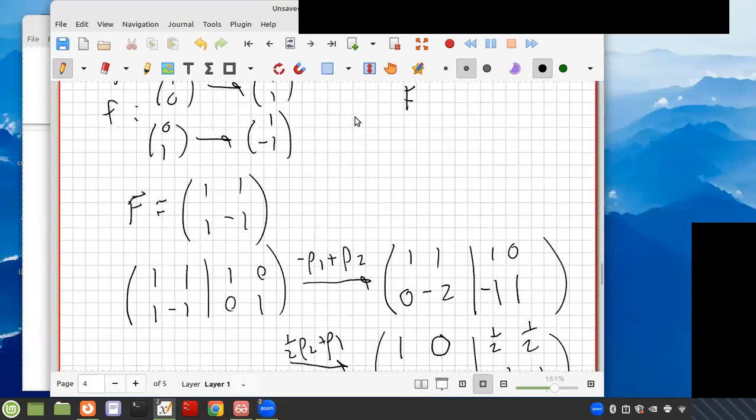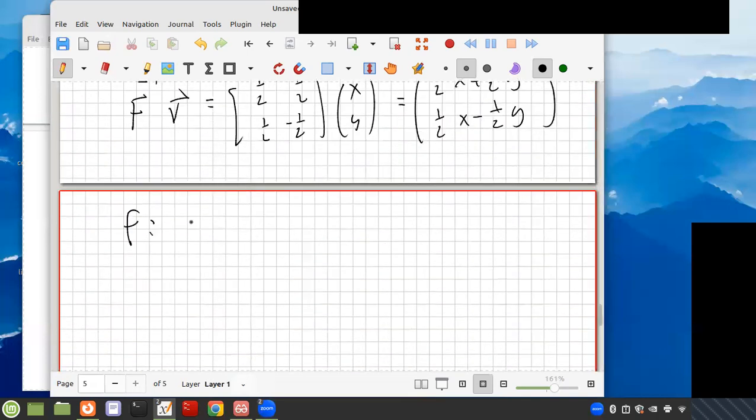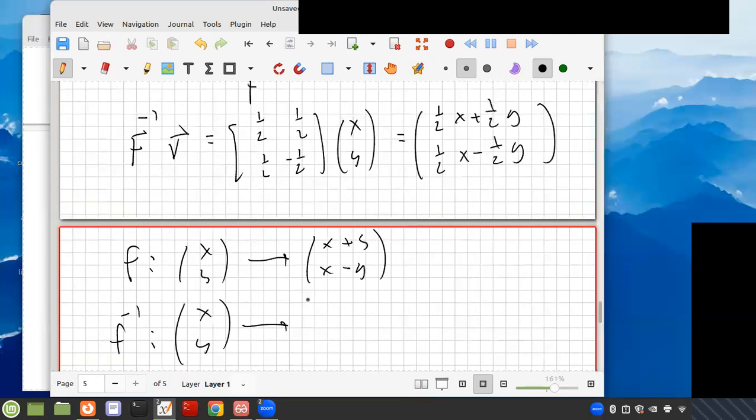So the first action was F of (x, y) goes to (x plus y, x minus y), and apparently F inverse of (x, y) goes to, if this is correct, I can pull out the 1/2 and it's 1/2 of (x plus y, x minus y), right?